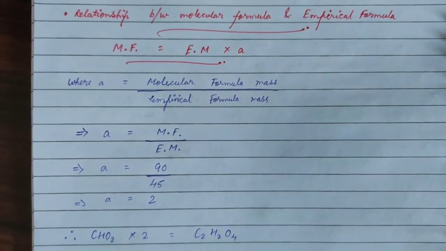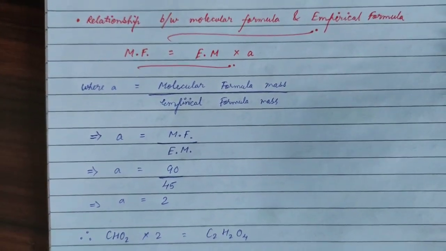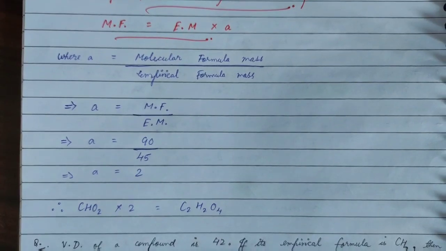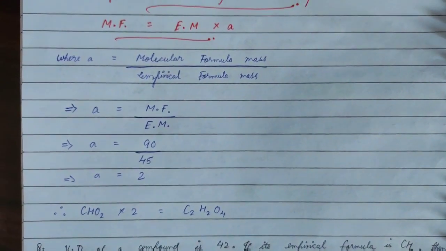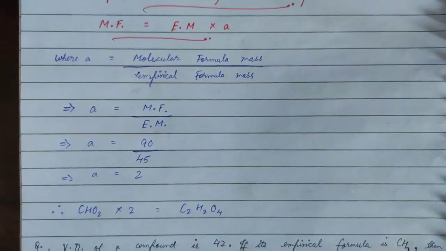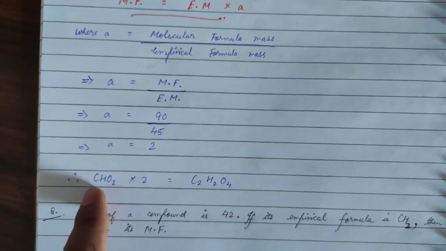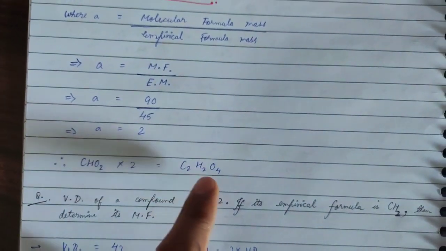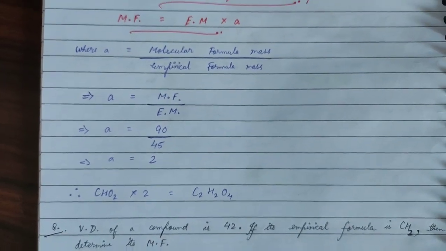Now we have taken the example of CH2O. Its empirical formula mass is given as 45 and molecular formula mass is given as 90. Then we get the value of A as 2, then we multiply the empirical formula by 2 and we get C2H4O2.